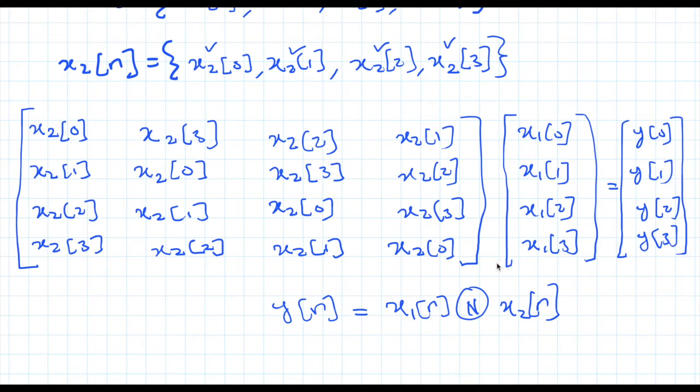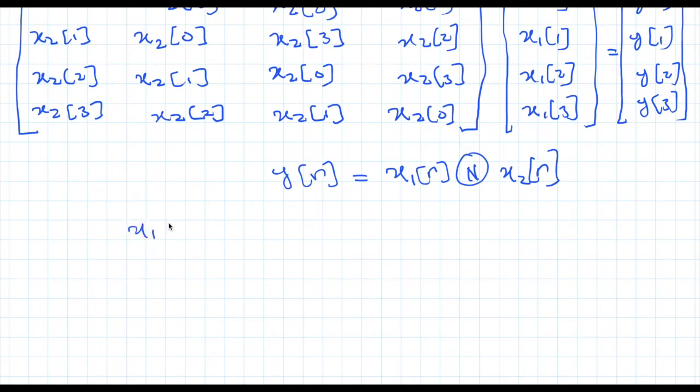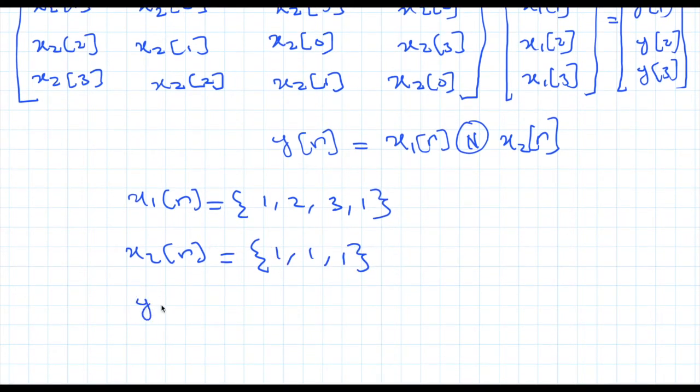Now let's take an example. Given that x1 of n is equal to 1, 2, 3, 1 and x2 of n is equal to 1, 1, 1, we have to find a sequence y of n which is the circular convolution of x1 of n with x2 of n.